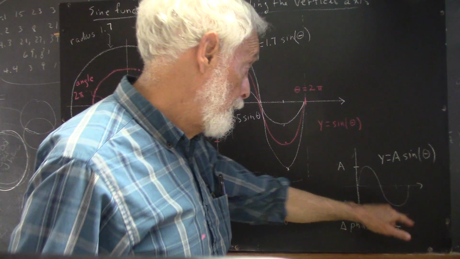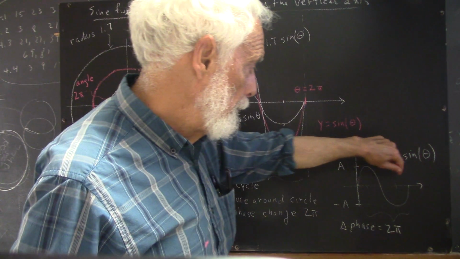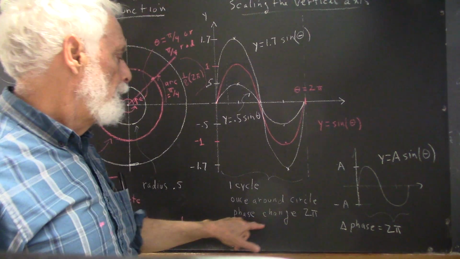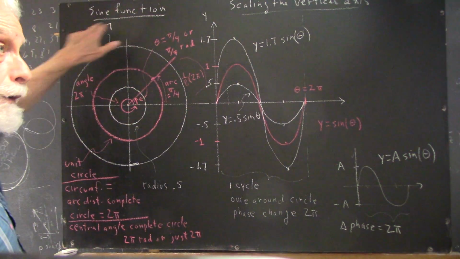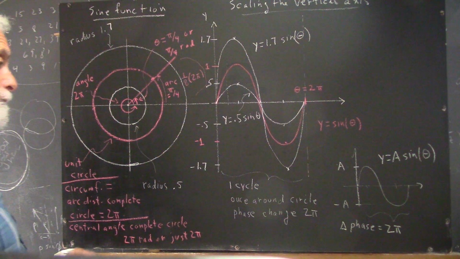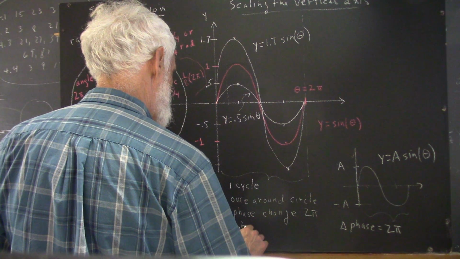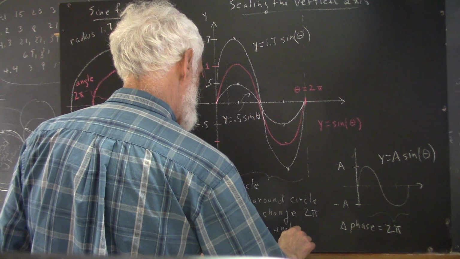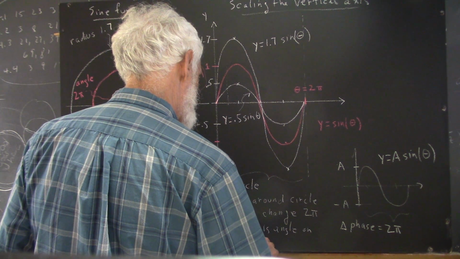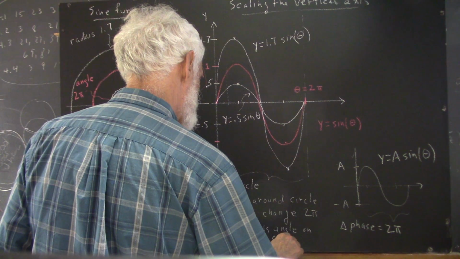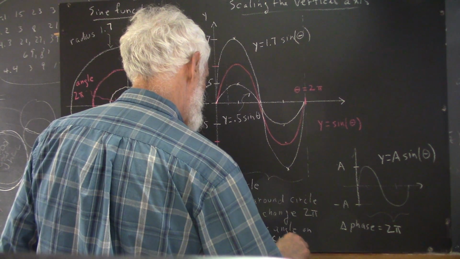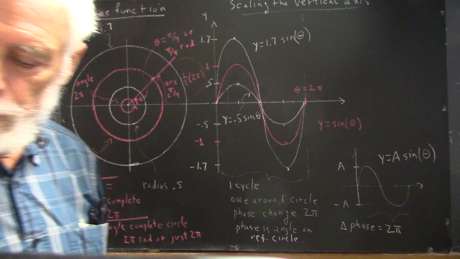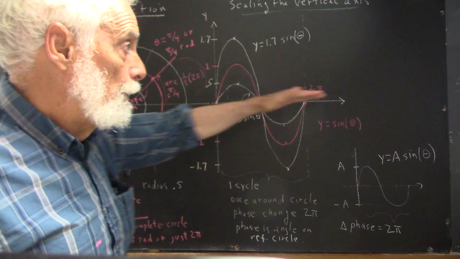The change in the phase is 2 pi between here and here. Now, what I mean by phase: the phase is the angle on your reference circle. Very important idea that we want to keep in mind as we go on and talk about scaling the horizontal axis.